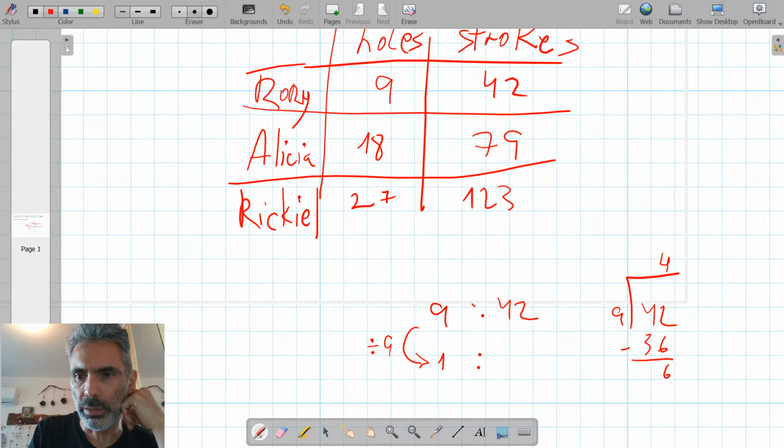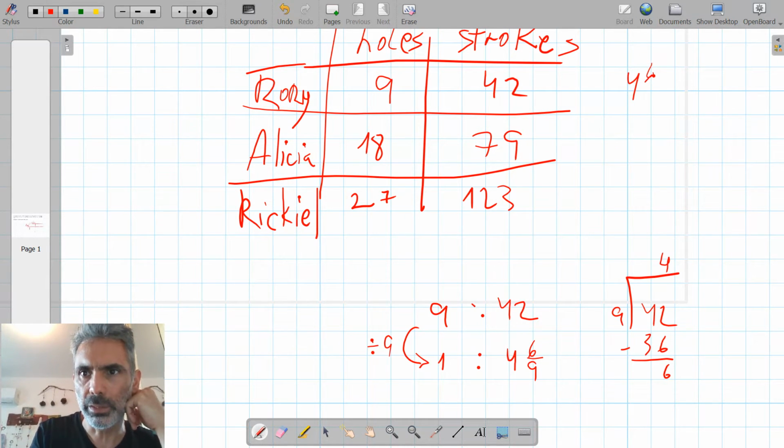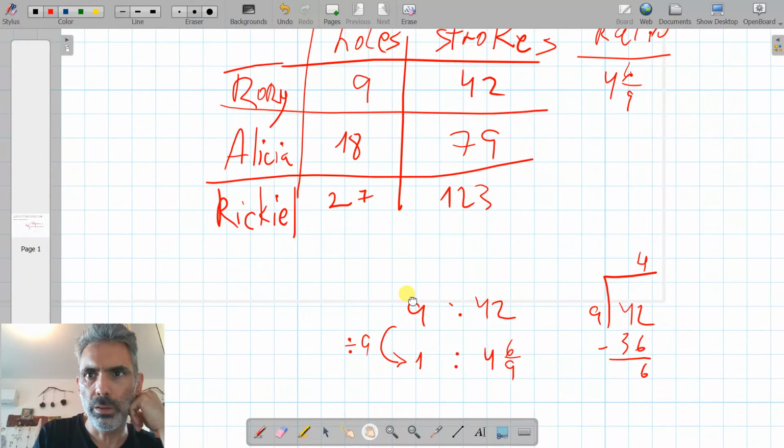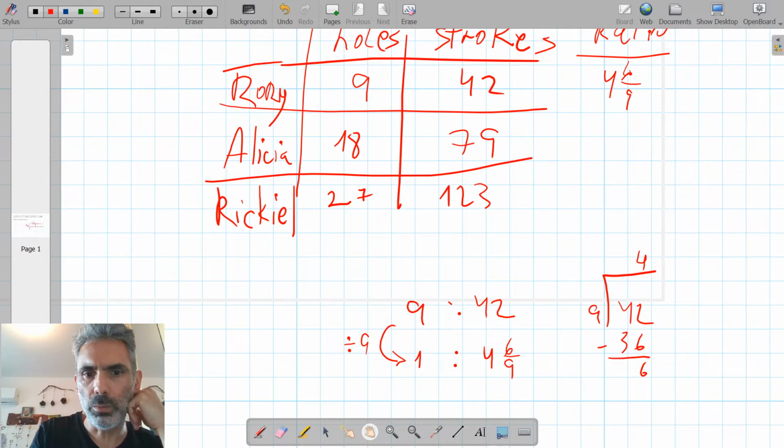So this is 4 and 6 ninths. This is the ratio for Rory. For every one hole, we made 4 and 6 ninths strokes.